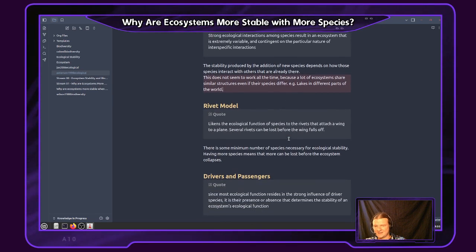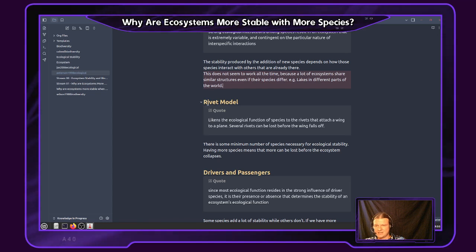That's probably not the answer to our question either. So that leaves us with the rivet model, where it says that there's some number of species that are necessary for ecological stability. If you have more than that, then that means you can lose a lot of species before you start losing stability.